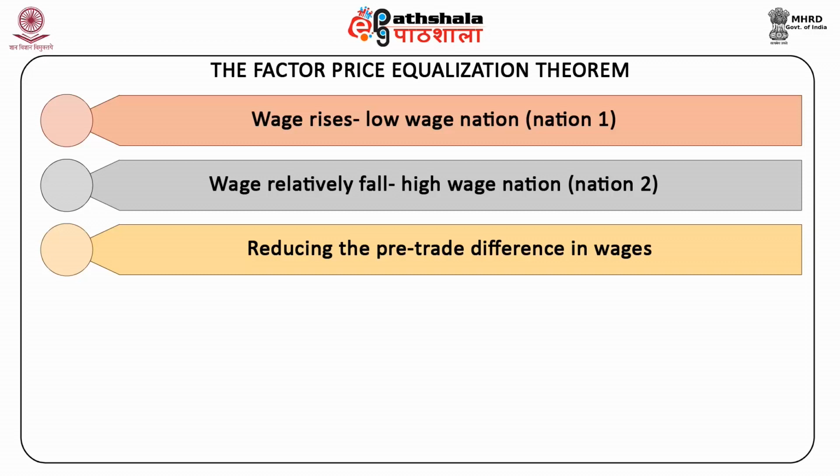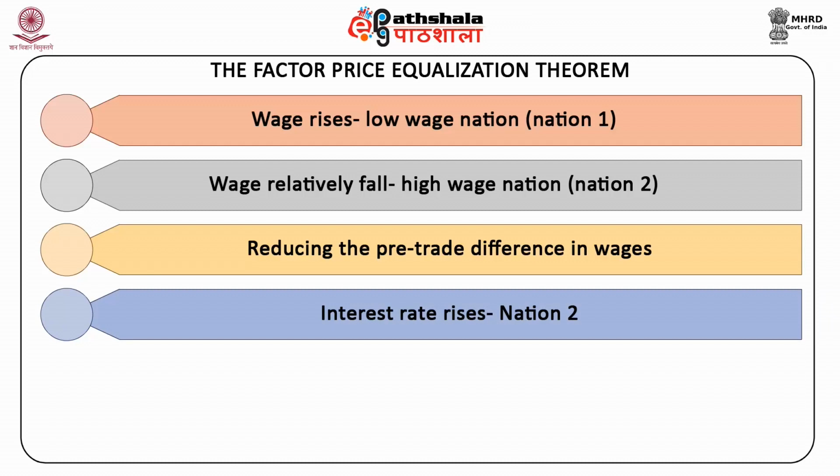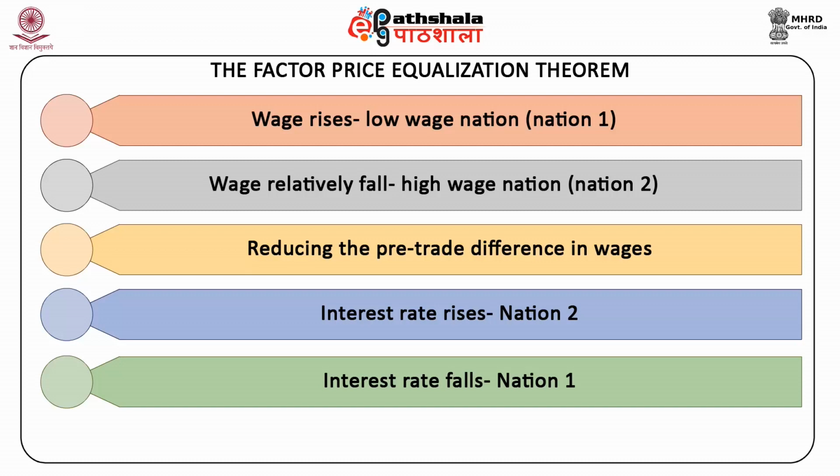Similarly, the return to capital, that is, R, the interest rate, will rise in nation 2 and fall in nation 1, thus reducing the pre-trade difference in R between the two nations.